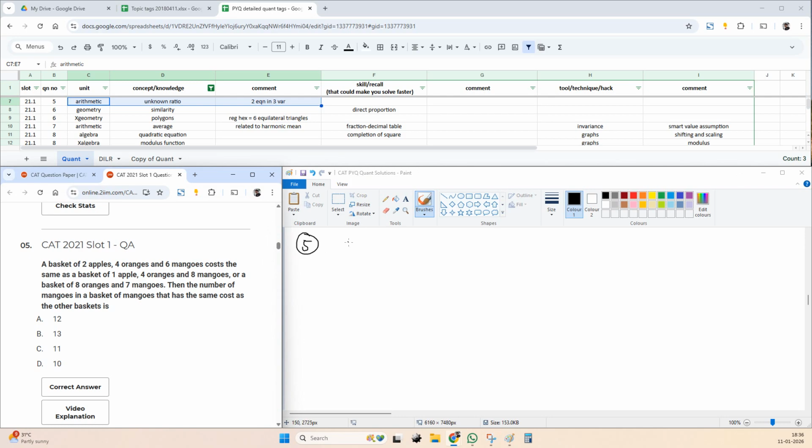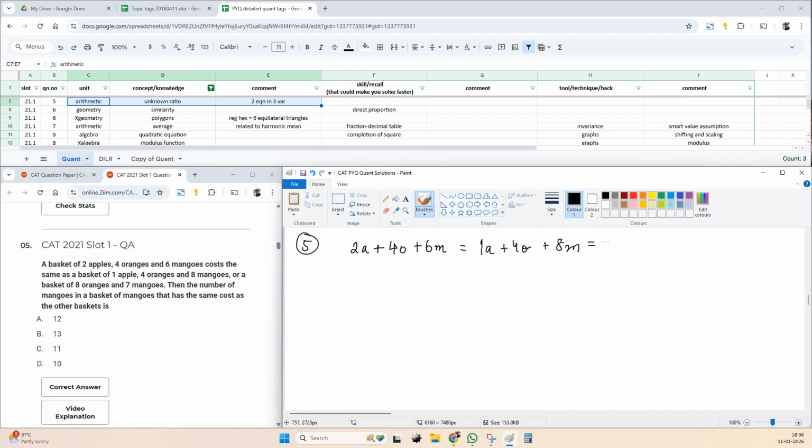They are saying a basket of 2 apples. If you assume the cost of 1 apple is A rupees, the cost of 2 apples would be 2A rupees. So this basket contains 2 apples, 4 oranges, and 6 mangoes. And this would be the cost of that basket. They're saying it costs the same as another basket with 1 apple, 4 oranges, and 8 mangoes.